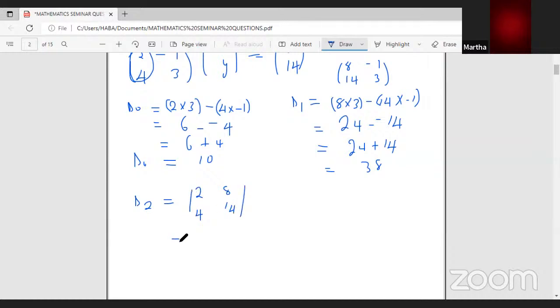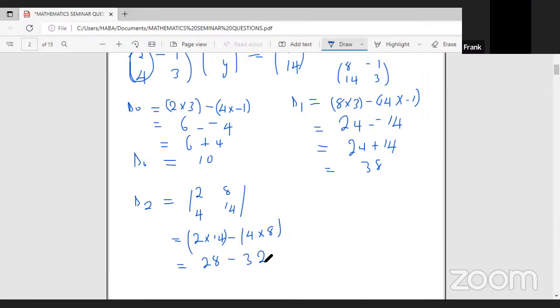So my determinant 2 will be equal to 2 times 14 minus 4 times 8. I'll get 28 minus 32. I get negative 4.